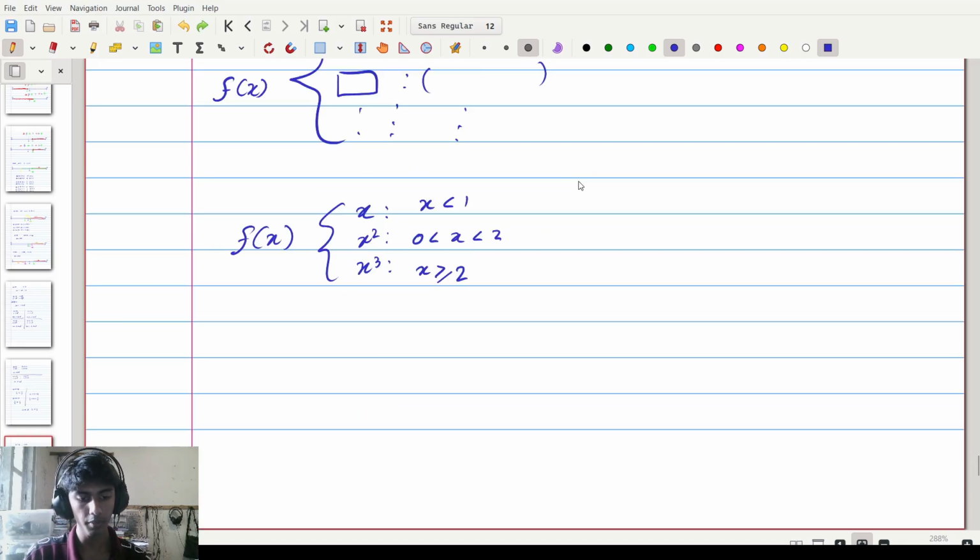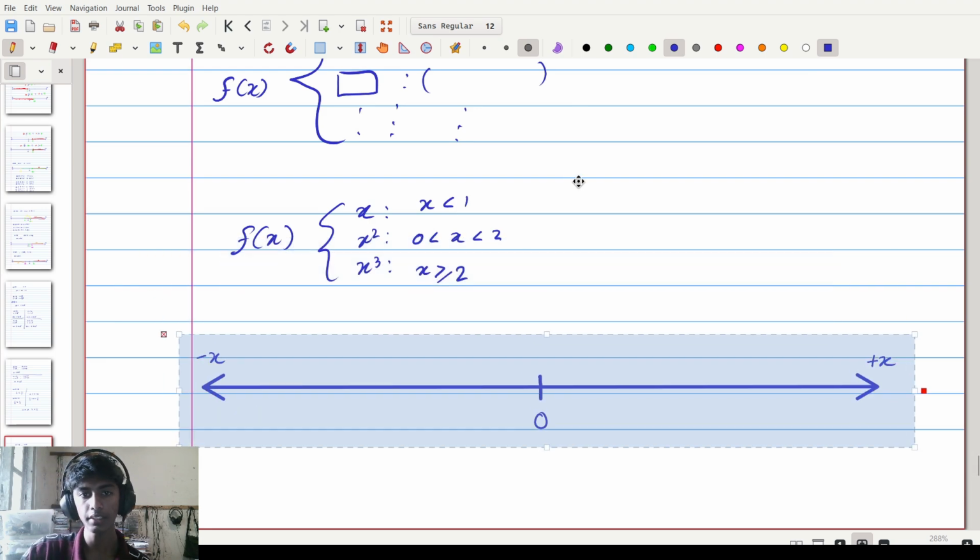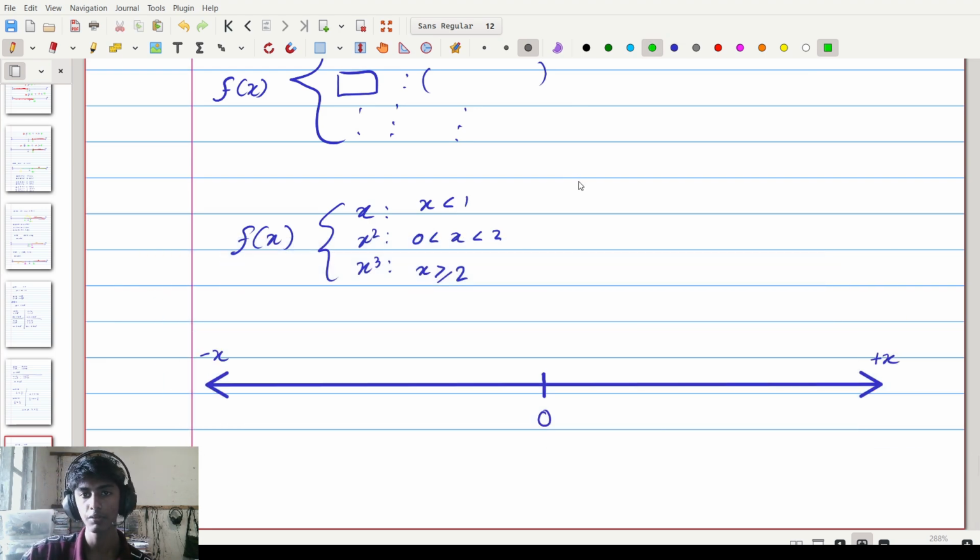If I draw this out on a number line, I draw the two ranges corresponding to the first two. Let's say the first one is represented by purple, the second one by red. Purple is all the values of x which are less than 1, so we go from the value 1, non-inclusive of 1, all the way down to negative infinity.